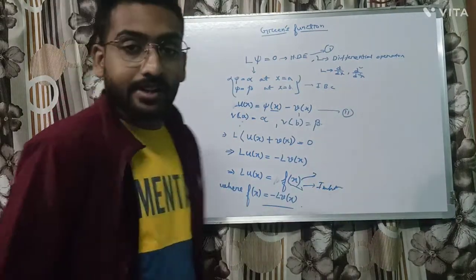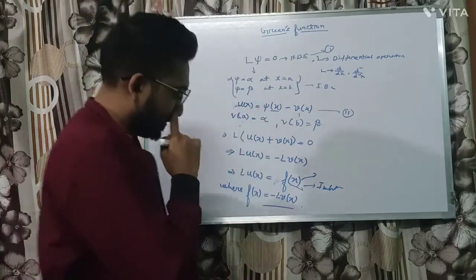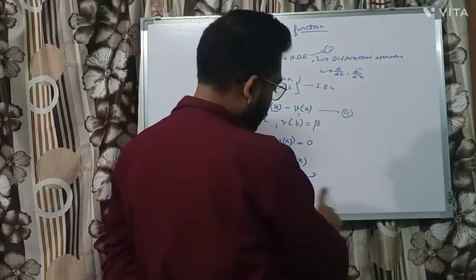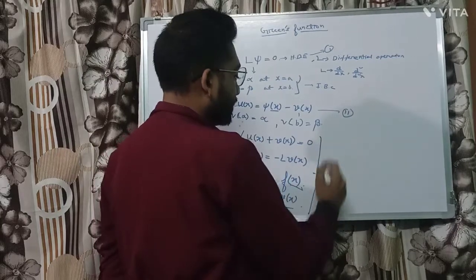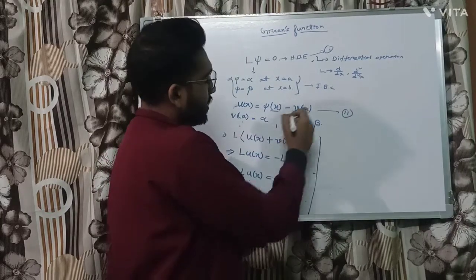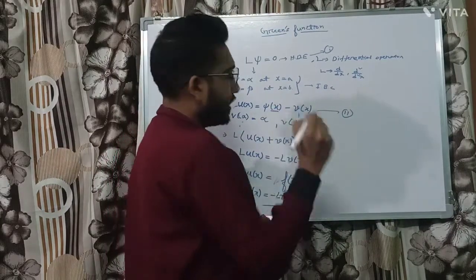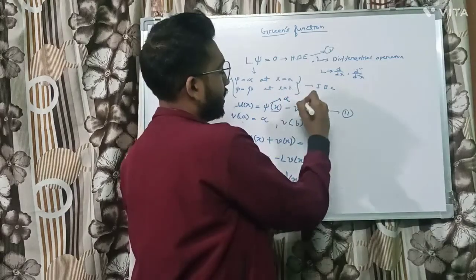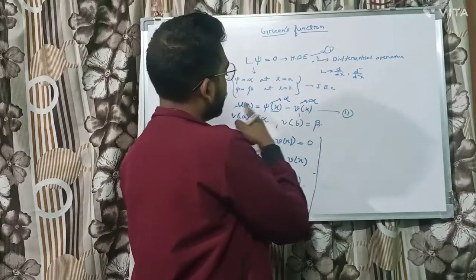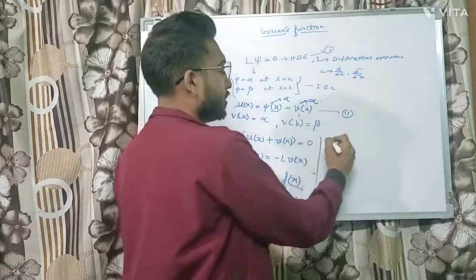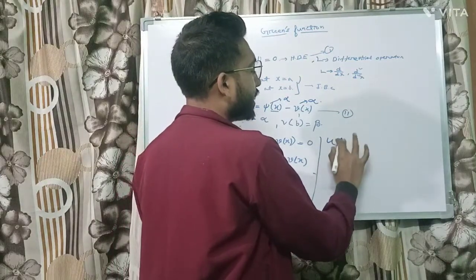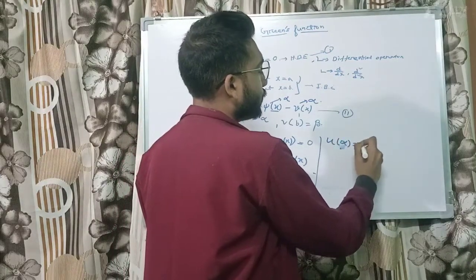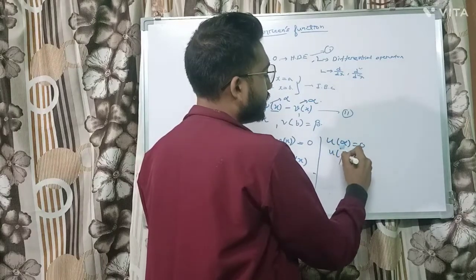And what are the boundary conditions of this equation? Can you guess? If at a point a, psi(x) has the value alpha and v(x) also has the value alpha, what will be the value of u(x)? U at a will be 0 and u at b will be 0.